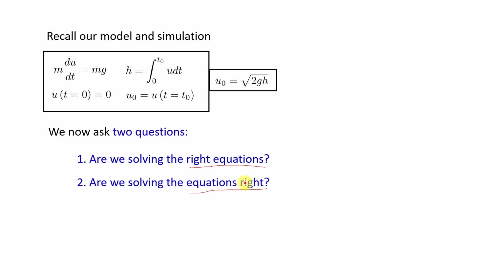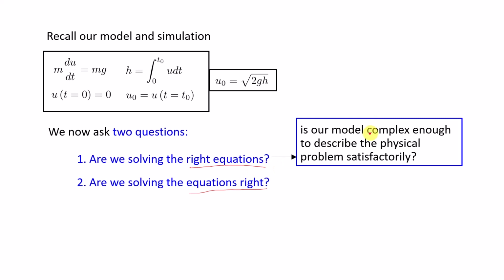So what do they mean? The first question means that the mathematical model that we are presenting here, is that model good enough to describe the physical phenomena that we are talking about? Every physical phenomenon has many different layers of complexities.